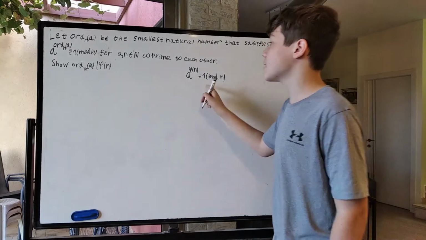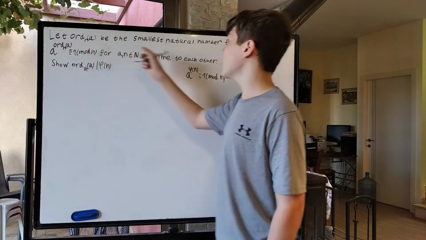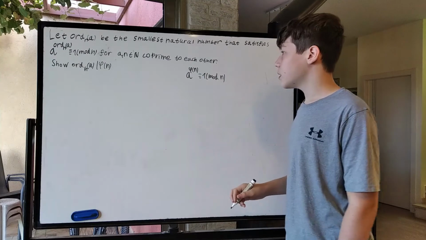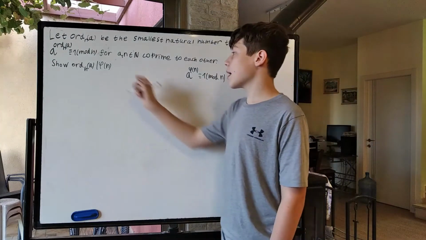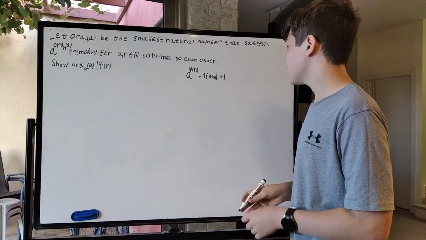We proved that. That is a fact. And now order a of n is the smallest natural number that satisfies this property. We want to show that order a of n actually divides phi of n.